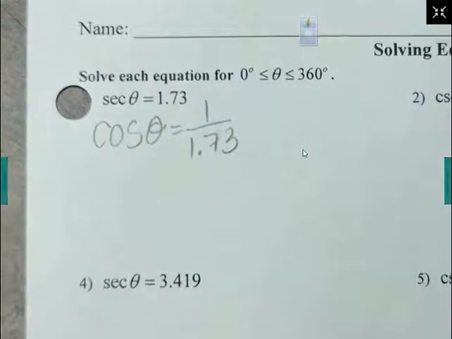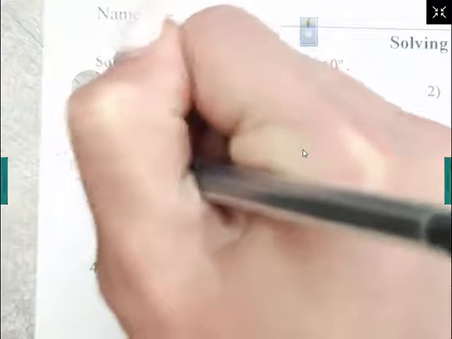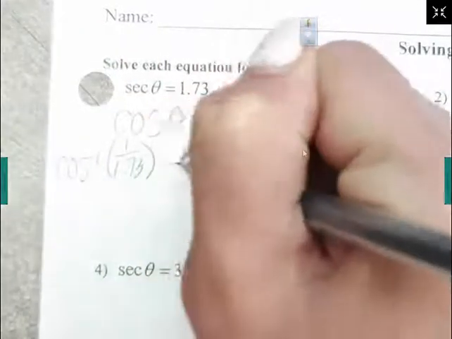Right? So it's just one little more step, and there's one other thing after this too, but this is just one little step for right now. So we would just put in our calculator cosine inverse of 1 divided by 1.73, and what is that equal to?